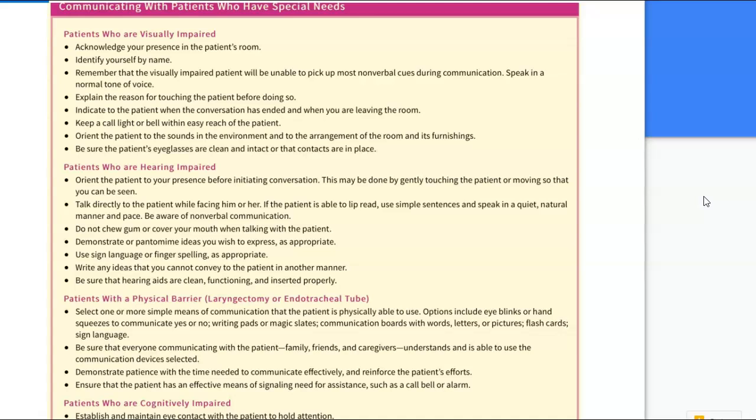Options include blinking eyes or squeezing hands. We've all seen it in movies, right, on how to communicate with patients. This always reminds me of blink twice if you're in trouble, blink once if you're okay, and things like that. We come up with ways to communicate with our patients and ways that they will be able to communicate with us.